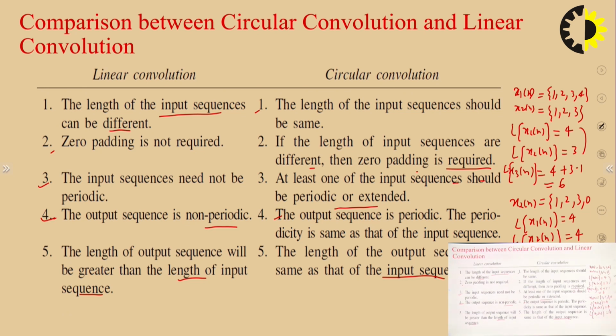You can see the length of the linearly convolved sequence is the length of the first sequence plus the length of the second sequence minus 1. In the case of the circularly convolved sequence, we first do zero padding if the lengths of the sequences are not equal, padding the sequence with fewer elements so that its length becomes equal to the other. You can see the number of elements is greater in the case of linear convolution. Okay, so this is about linear and circular convolution.